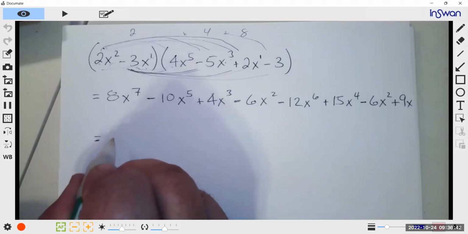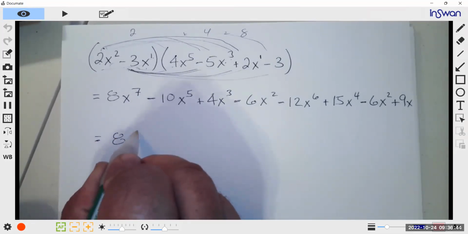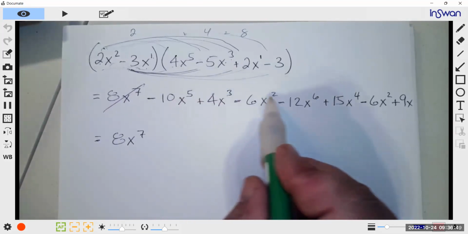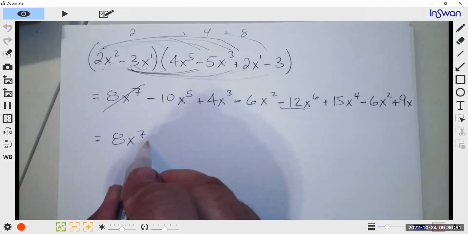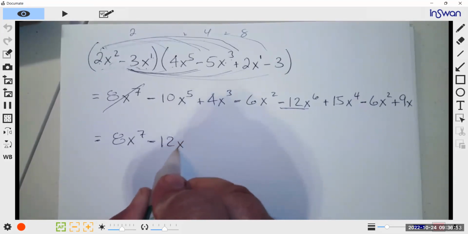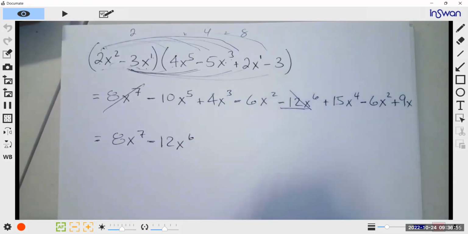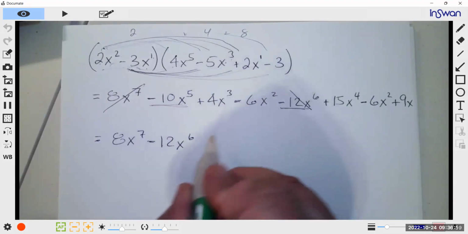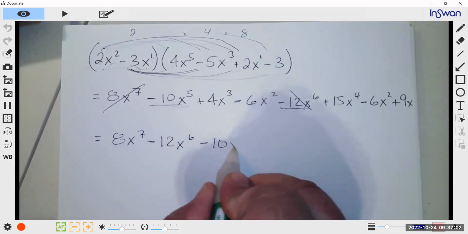So how many x to the 7ths do I have? 8x to the 7th. Are there any x to the 6ths? Yes, so it's negative 12x to the 6th. Are there any x to the fifths? Right here. Negative 10x to the 5th.